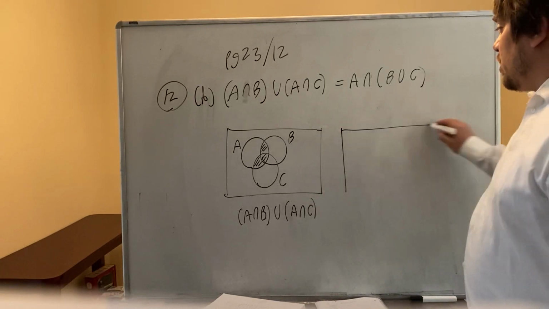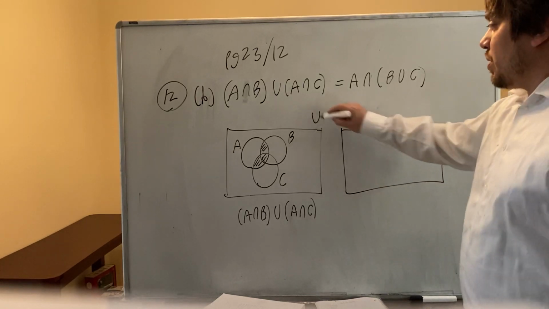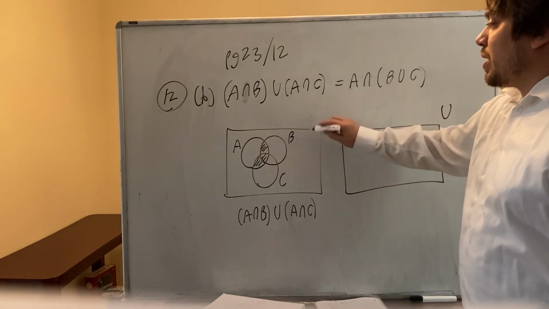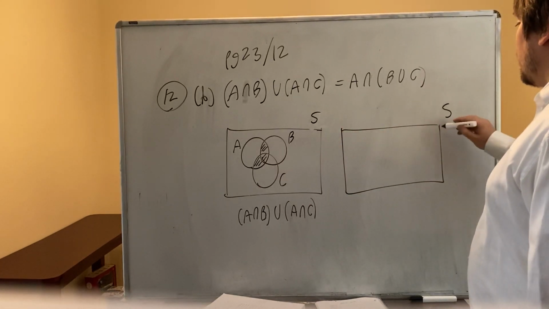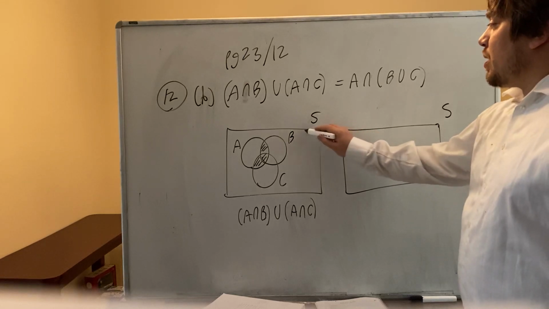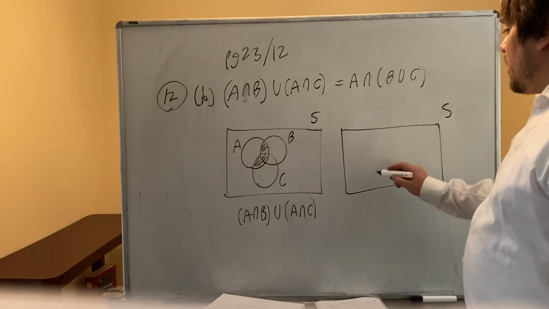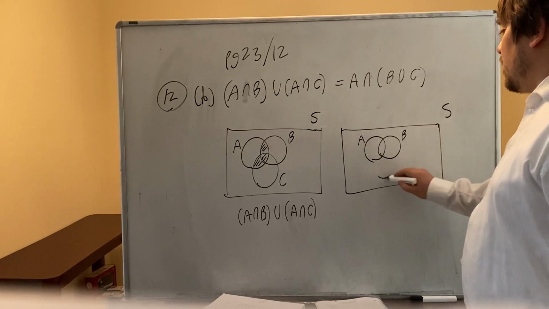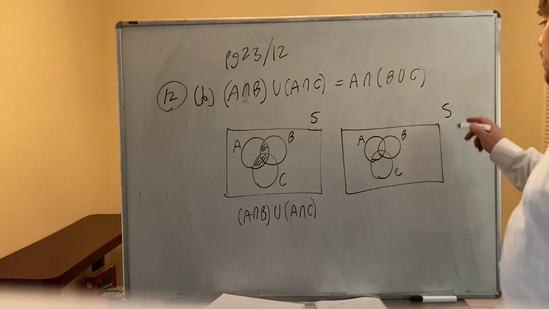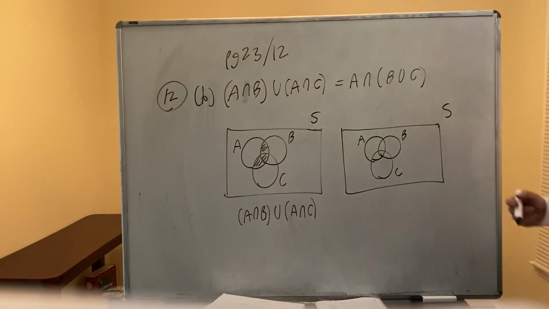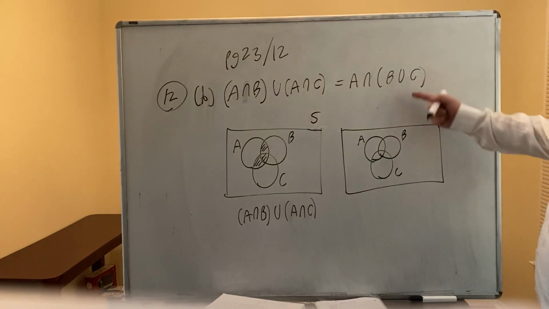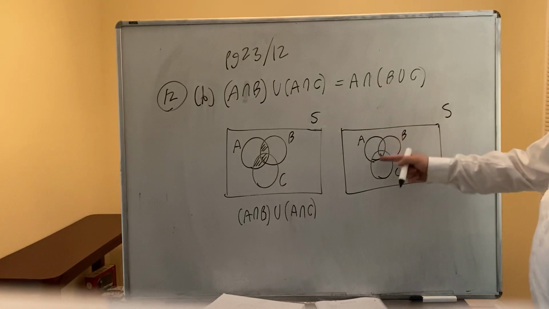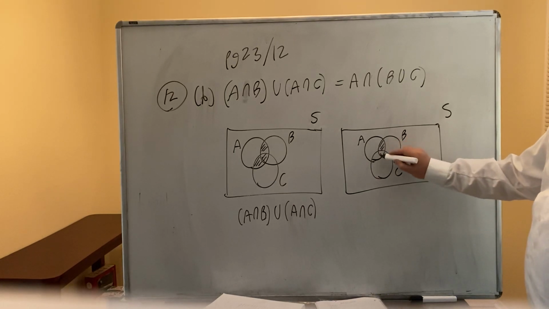So now, let's show the Venn diagram for the other side. You could call this the universal set U, or X, or set S, whatever. Let's say you have the set A, the set B, and the set C, all in the larger set S. So if you have B union C, that's what's in circle B or C. And if you take the intersection of either of those circles with A, you get this.